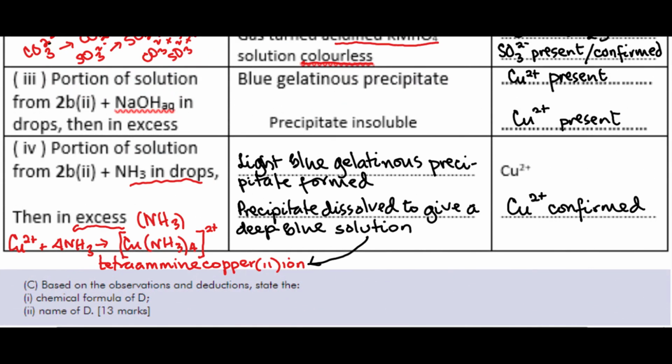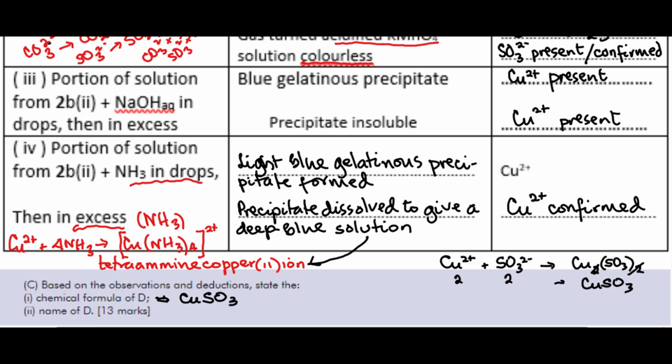Based on the observations and deductions, state the I, chemical formula of D, II, name of D. When Cu2 plus combines with SO3 2 minus, valencies 2, 2. So when they exchange, they will give us Cu2 SO3 2. So these two will cancel out to give us CuSO3.